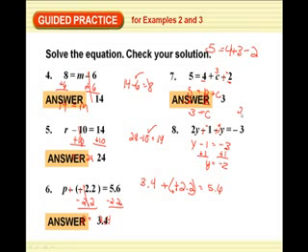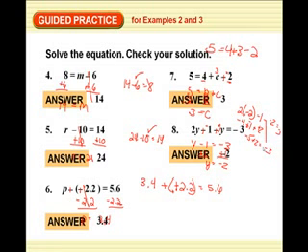So we'll check it. 2 times negative 2 minus 1 minus negative 2 is supposed to be negative 3. That's all crazy. So that's negative 4 minus 1 minus negative 2. Negative 5 plus 2 is negative 3. That all checks. That's crazy stuff.